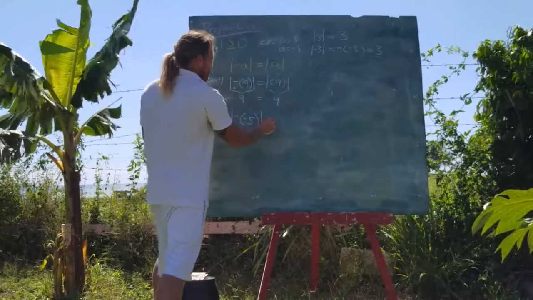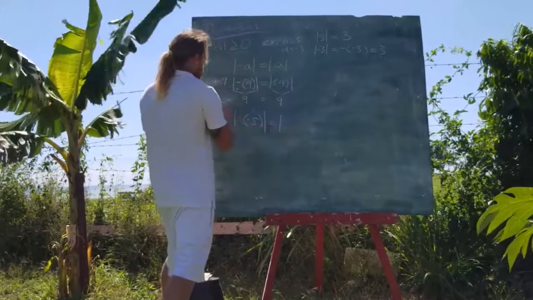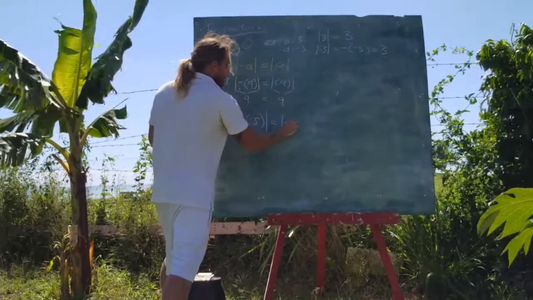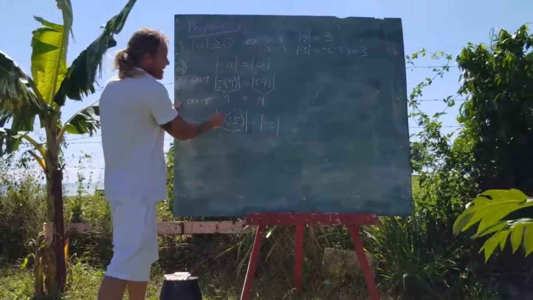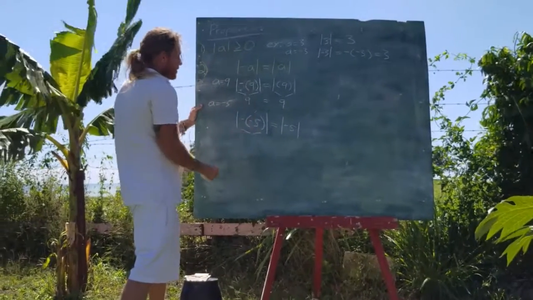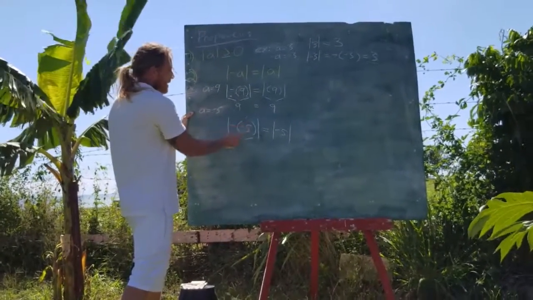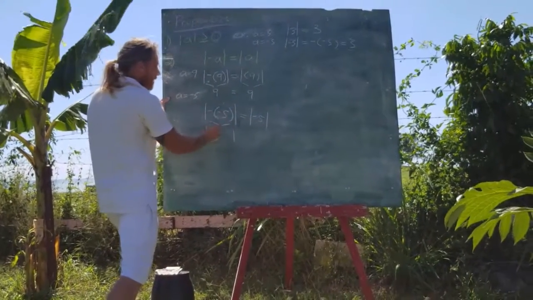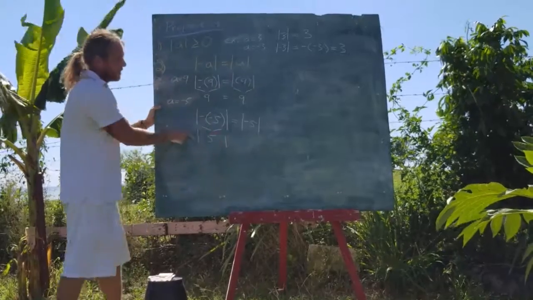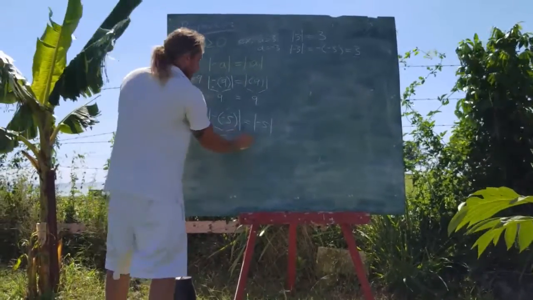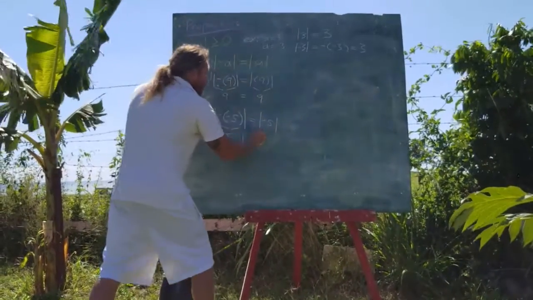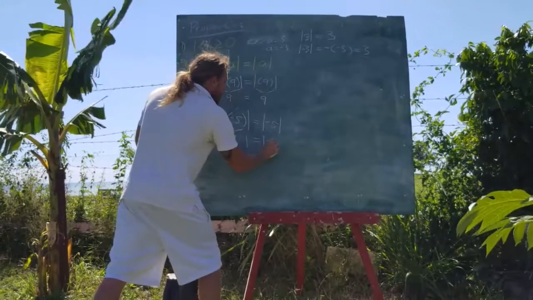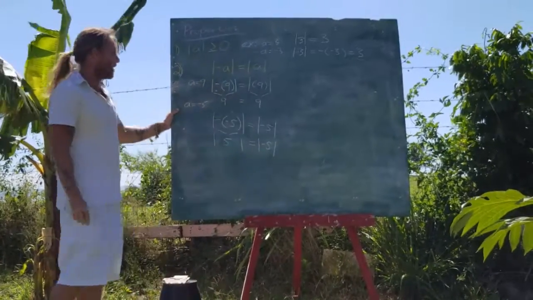Is that equal to the absolute value of a, negative 5? Let's simplify these first. So we have the absolute value of a negative times a negative 5, which is the absolute value of a negative 1 times a negative 5. 5, absolute value of 5, is that equal to the absolute value of negative 5?